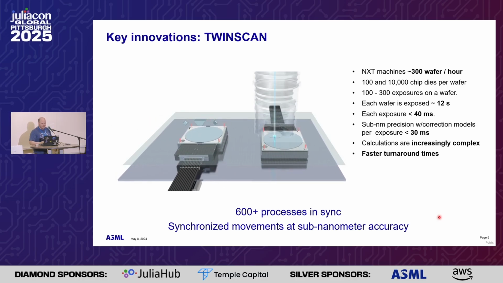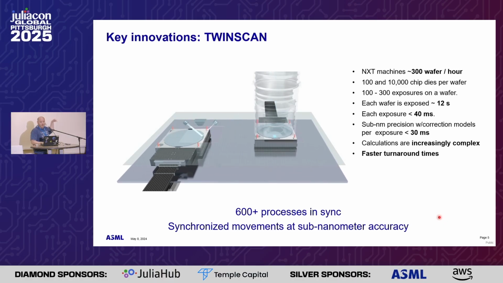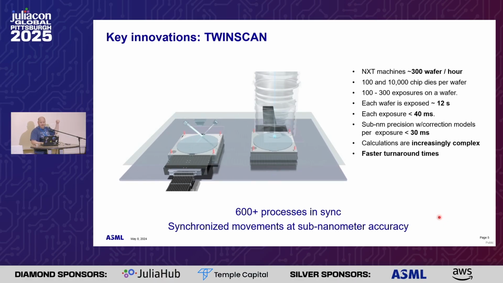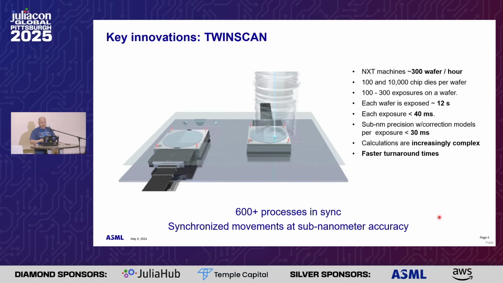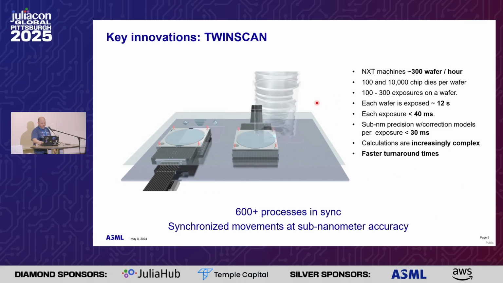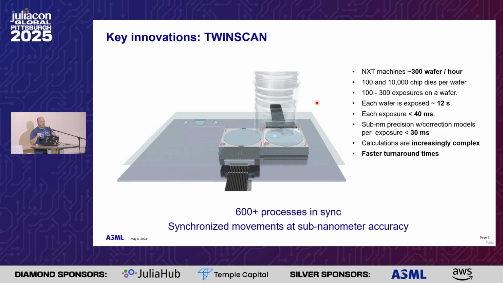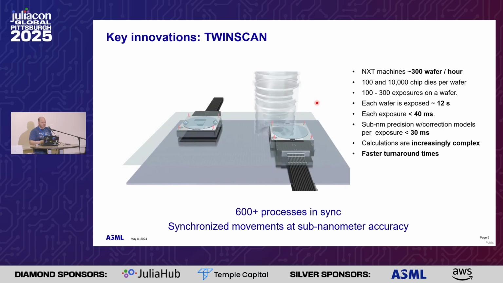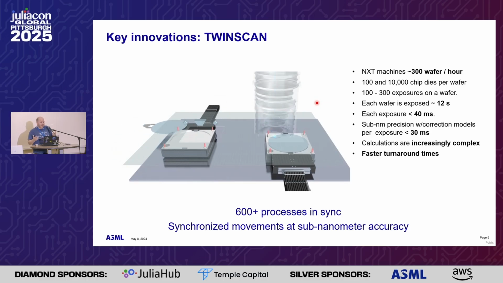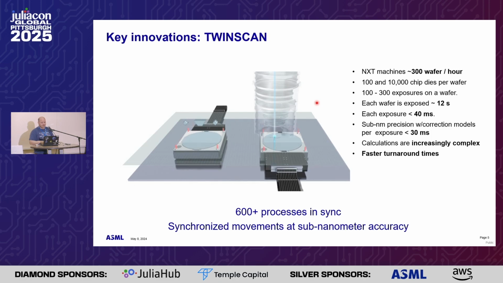I'm rounding things up. This, by the way, is an animation of how our twin scan system works. It's measuring one wafer at a time while it's exposing the other one. Each time it exposes one wafer, it exposes one field at a time. It has roughly 100 to 300 exposures of those. Each exposure might have 1 to, I don't know, 12 dies, depending on the reticle size.